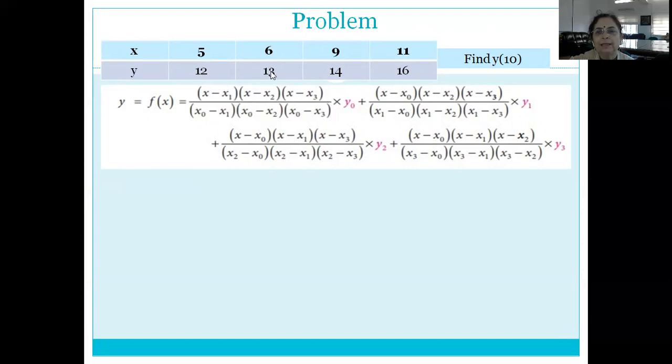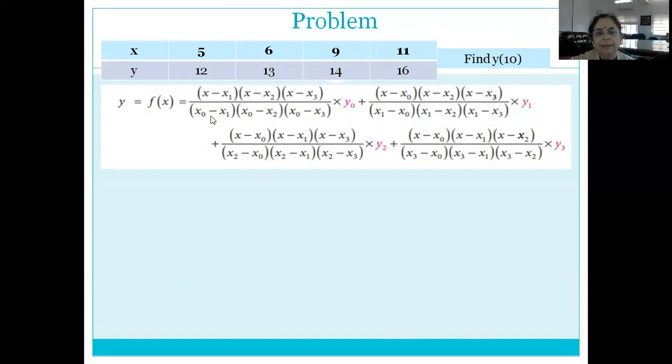Unknown data point minus x1, minus x2, minus x3 are the 3 factors, divided by, now this is the first weighing function for the x0 data point, so we are taking x0 minus x1, x0 minus x2, x0 minus x3. Same factors which we have written in the numerator, only we are replacing x with x0.